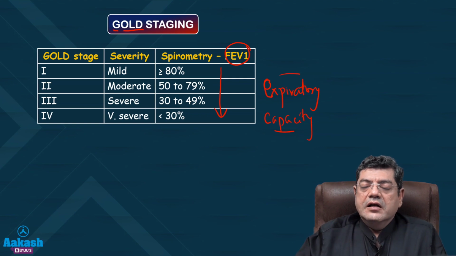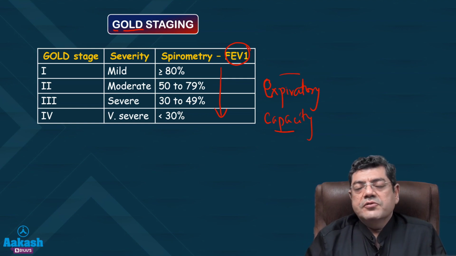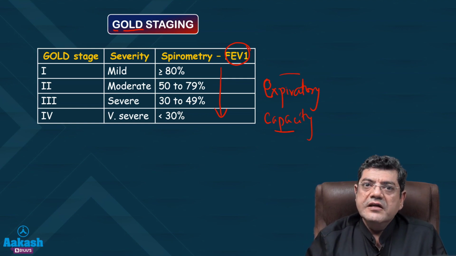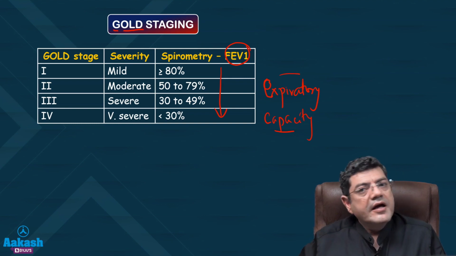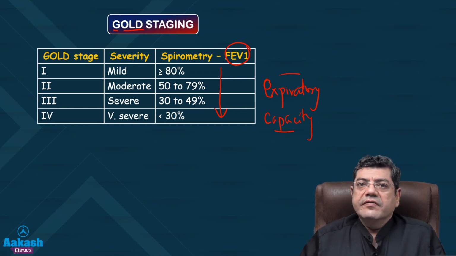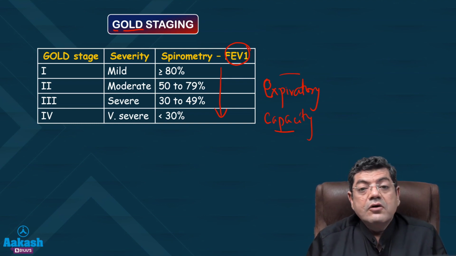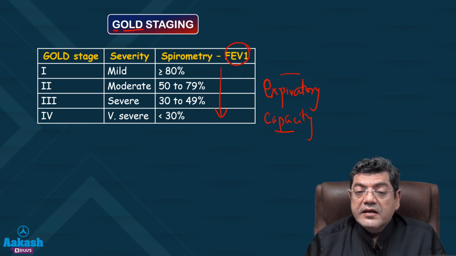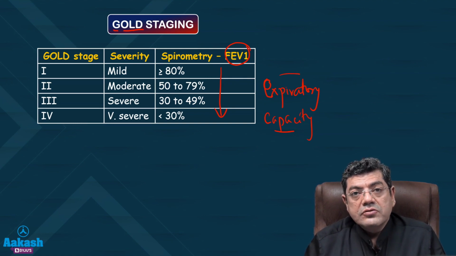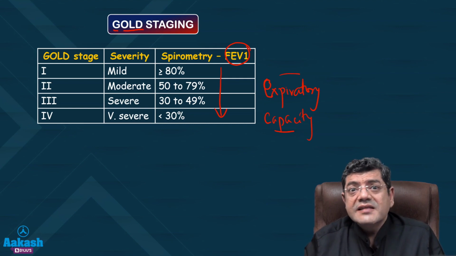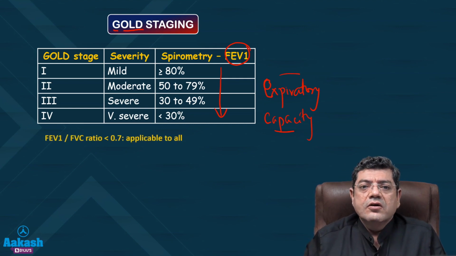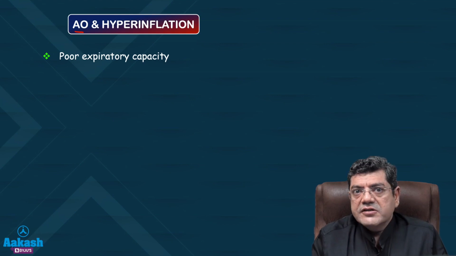So more infections and chronic hypoxemia when it's down to 50, and chronic hypercapnia, pulmonary hypertension when it's down to 25. Remember that in all these patients, the FEV1 FVC ratio will remain less than 0.7, because that's the very definition of airway obstruction. We come to the pulmonary function test findings.